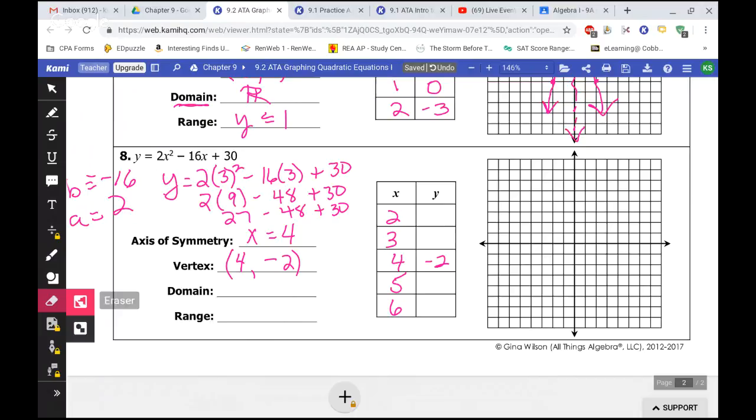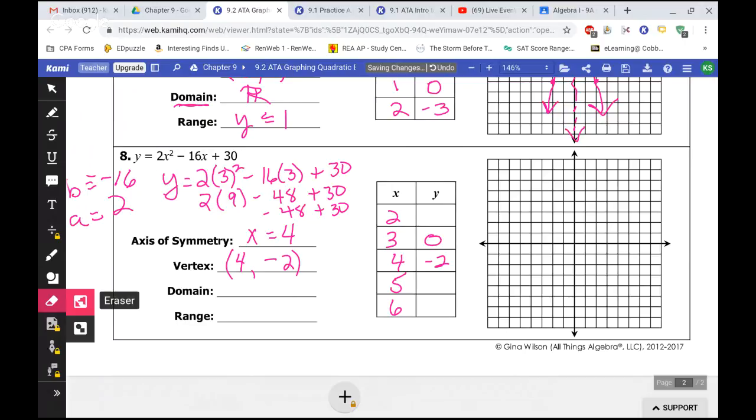Oops, my bad. I can't multiply. That's 18. I was like, wait a minute, that doesn't look right. I multiplied 9 times 3. So it's 18 minus 48 plus 30. So 18 minus 48 is negative 30, and negative 30 plus 30 is 0.